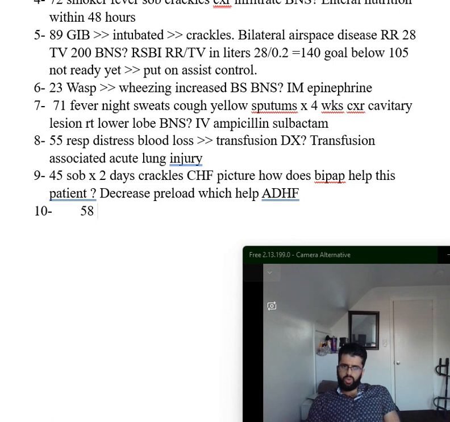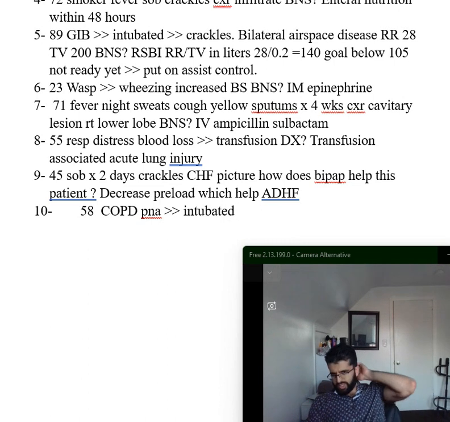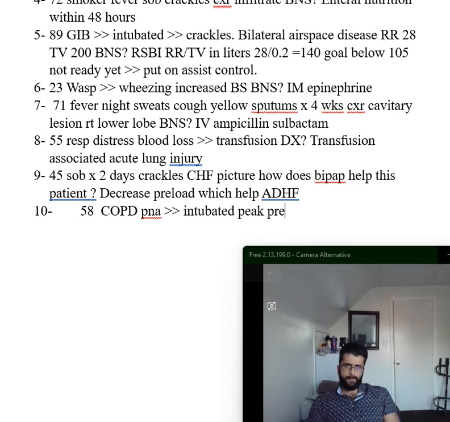Now another case is important. You see a 58-year-old man who came in with COPD, developed pneumonia, and needed to be intubated. Now, this patient has a peak pressure of 44 and a plateau pressure of 24, and they ask you what's the best next step.